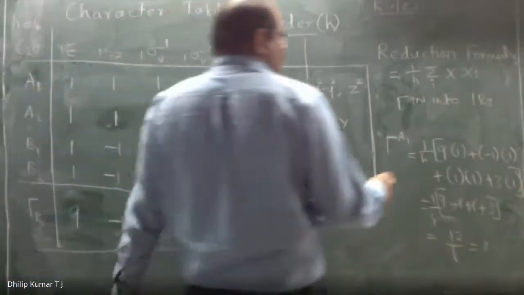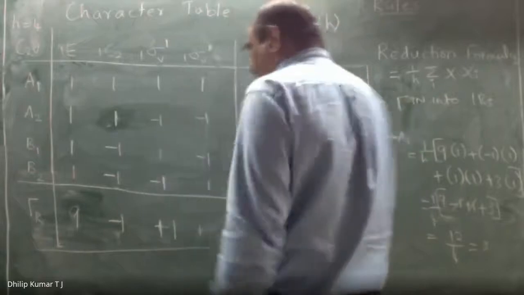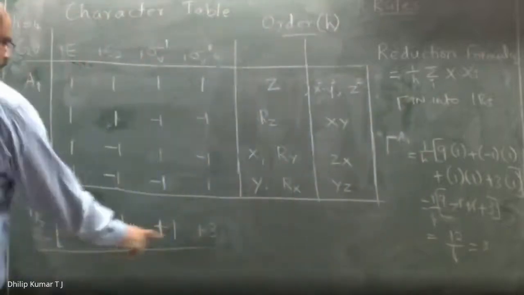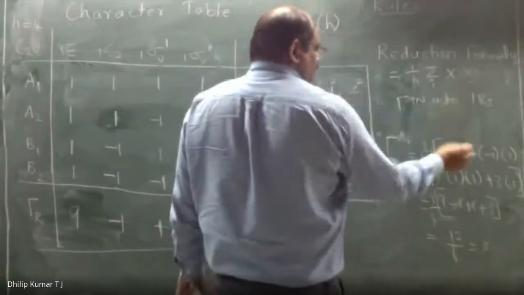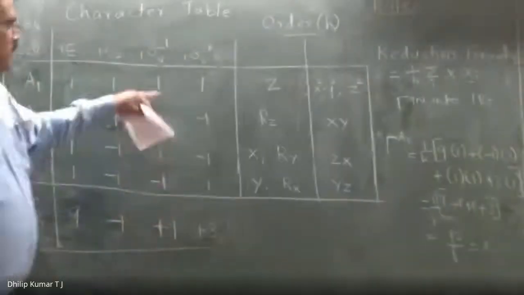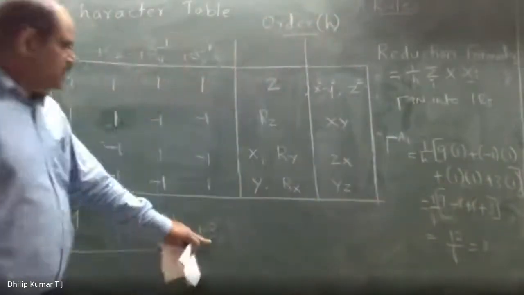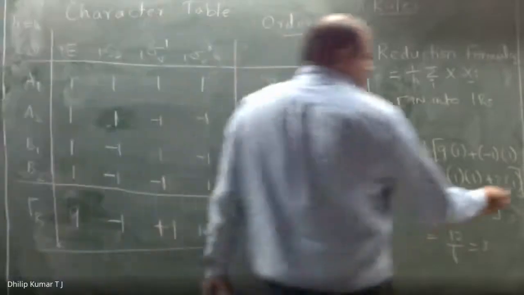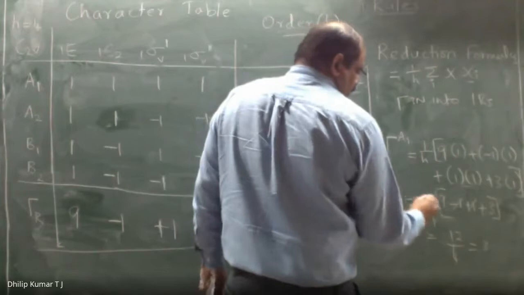So with the reduction formula, 9, -1, 1, 3: 9 into its character 1 I have multiplied, then -1 into 1, plus 1 into 1, and then plus 3 into 1. This is 1 over h, and h is 4, so I have written 1 over 4.